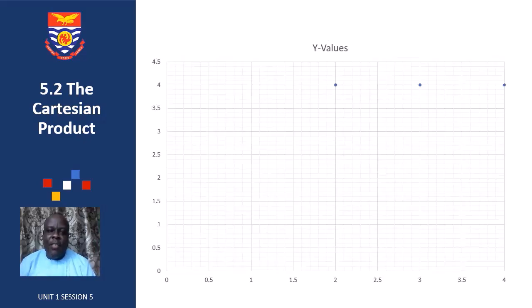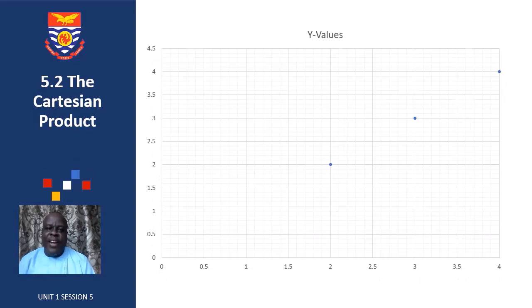Another relationship which we can find from that, which we can call relationship 2, is (2, 4), (3, 4), and (4, 4), which you can see on the plotted graph. The third relationship which we can also get is (2, 2), then we can have (3, 3), and we can have (4, 4).